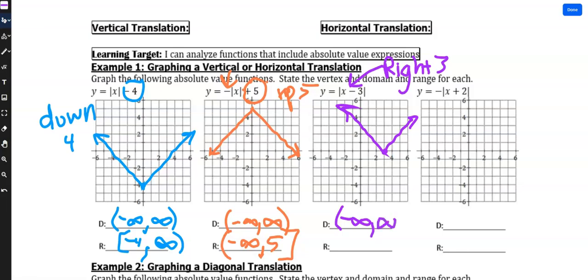Negative infinity to infinity, with the range being 0 to infinity. Just because we moved it to the right doesn't mean that the range changed.